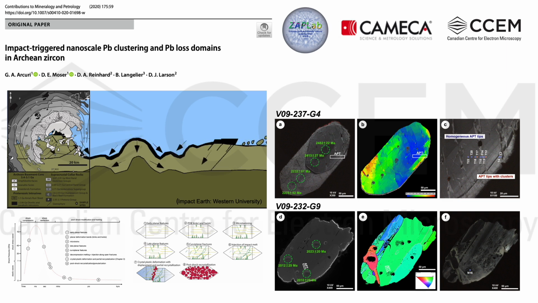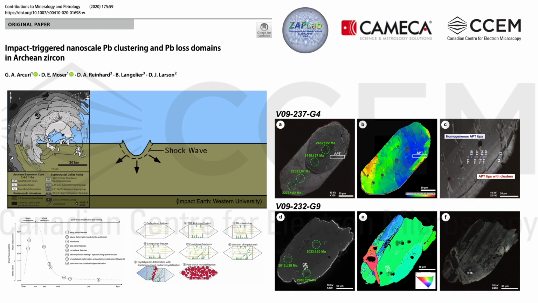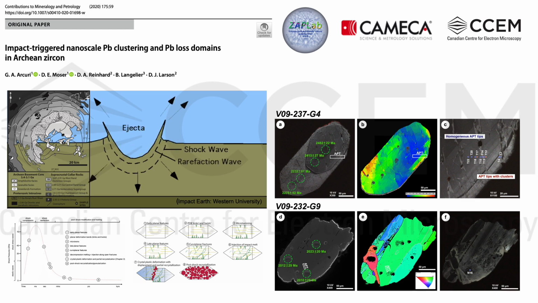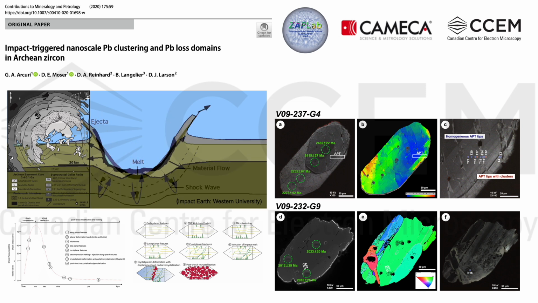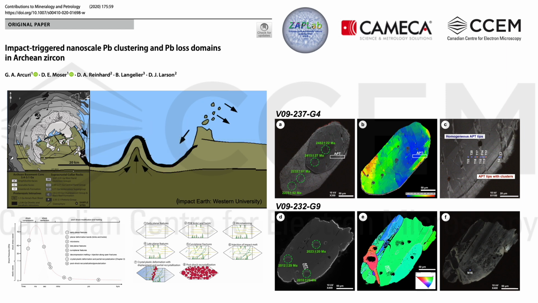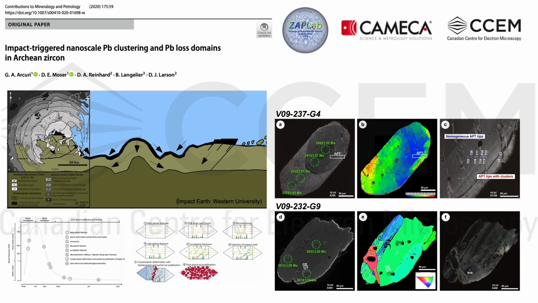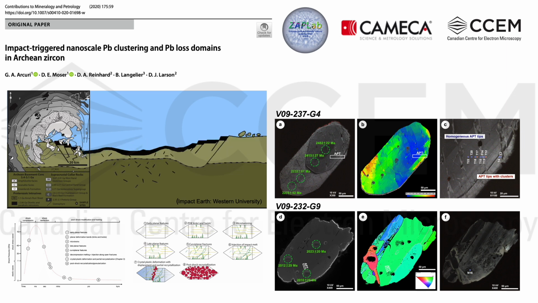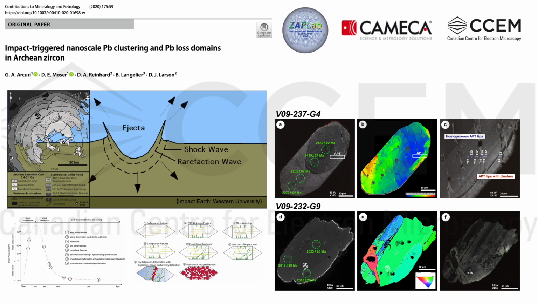And these include planar features resulting from the initial shock compression, followed by the generation of microtwins, annealed curvy planar fractures, and melt glass inclusions, all of which form during the shock rarefaction stage. And then this is followed by zircon recrystallization and some plastic deformation that's associated with post-impact modification and heating.